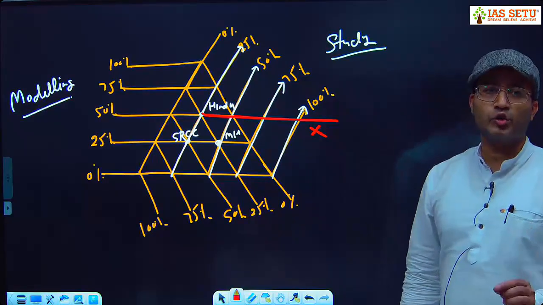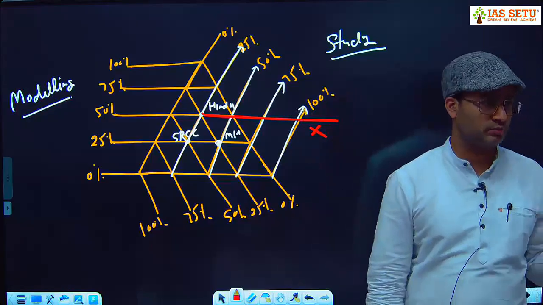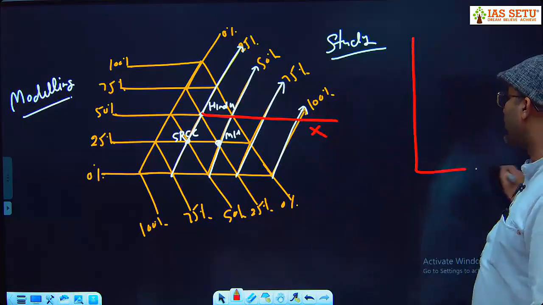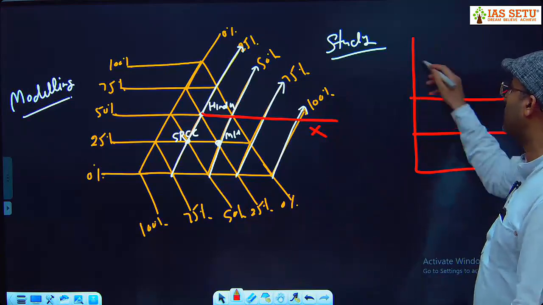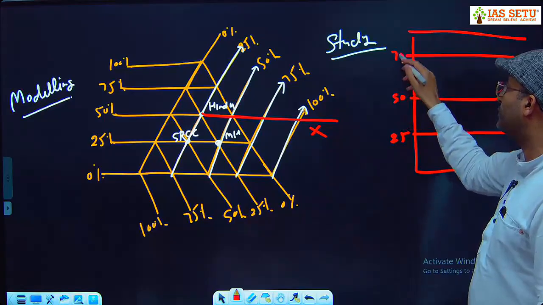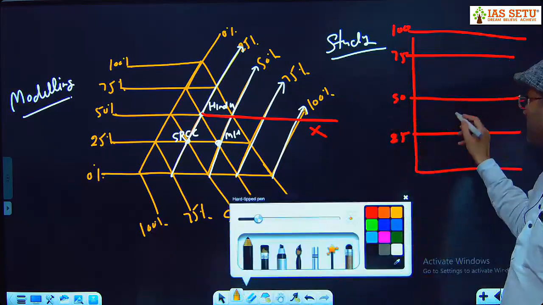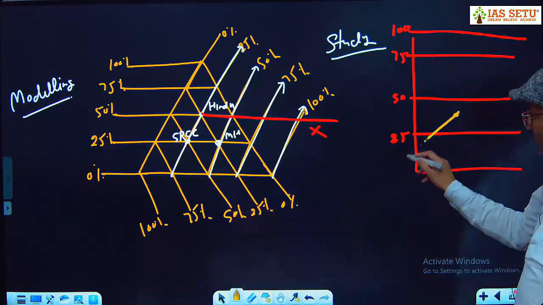I tell you the rule: if your line intersects your scale, it is wrong. Like here, if we read a line graph, that you know very well, it is 25%, 50%, 75%, 100%. For example, this value represents study.